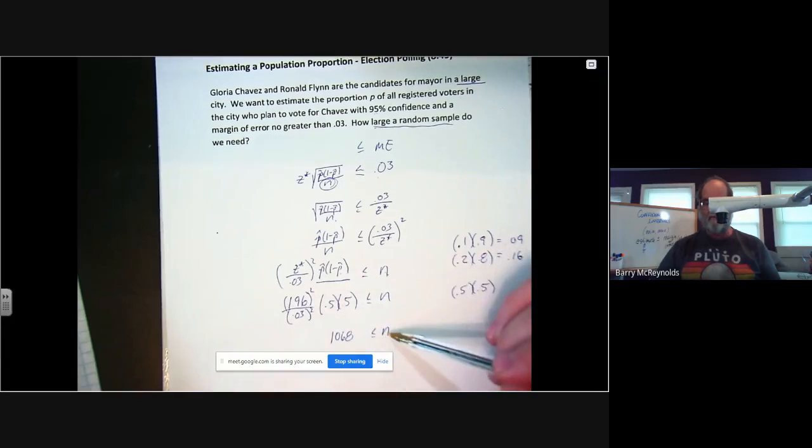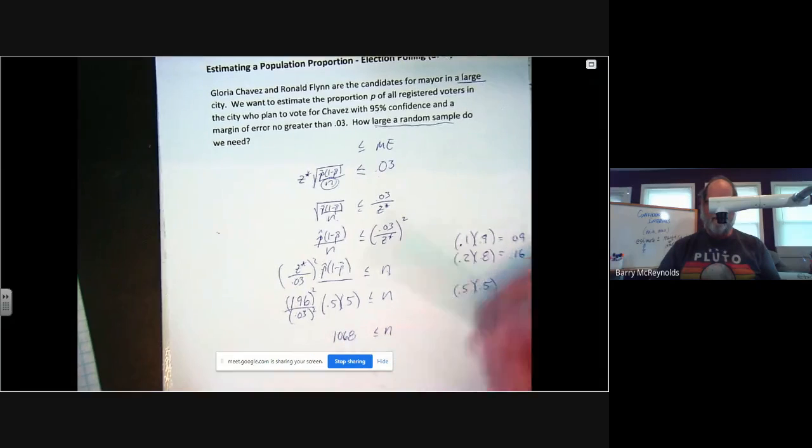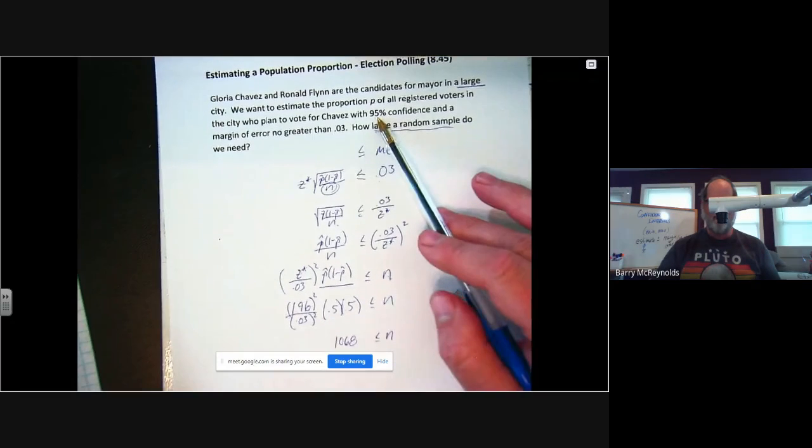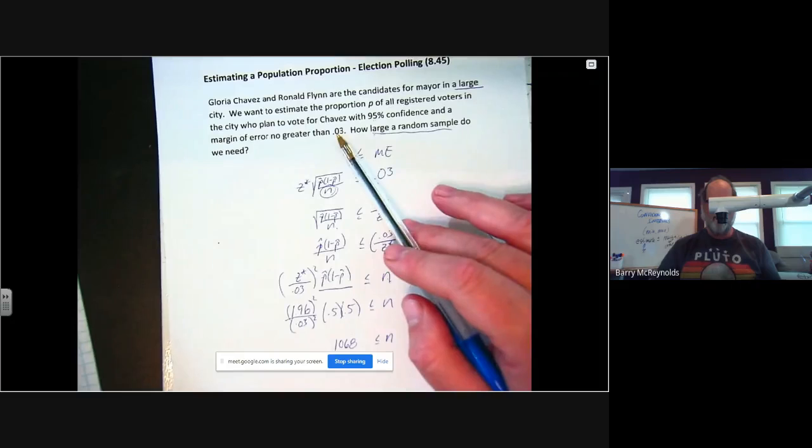I mean, I could make this number 20,000. But if I only need to sample 1,068 people, why would I want to go to the cost and time of sampling 20,000? So 1,068 will give me 95% confidence and a margin of error no more than 0.03.